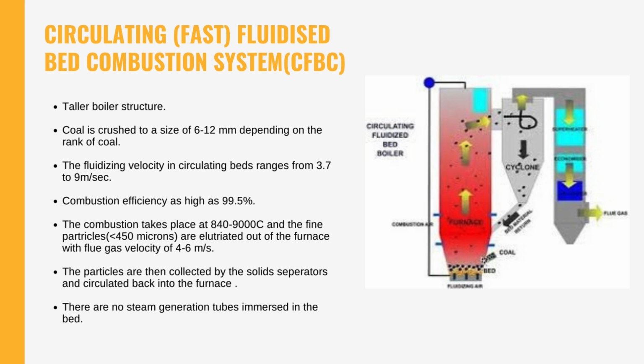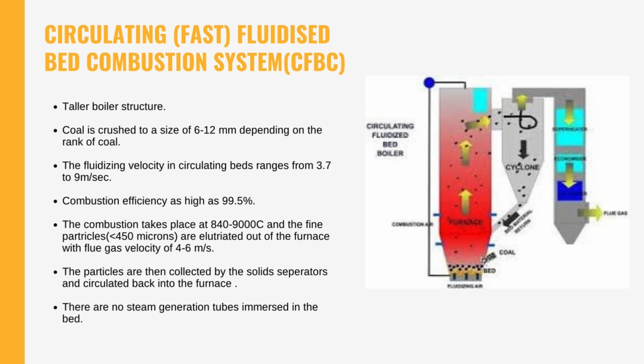The combustion takes place at 840 to 900 degrees Celsius and the fine particles less than 450 microns are elutriated out of the furnace with a flue gas velocity of 4 to 6 meters per second. The particles are then collected by the solid separators and circulated back into the furnace.